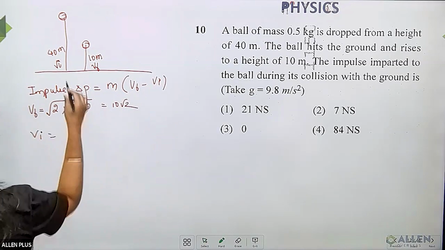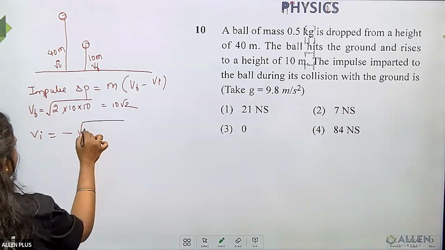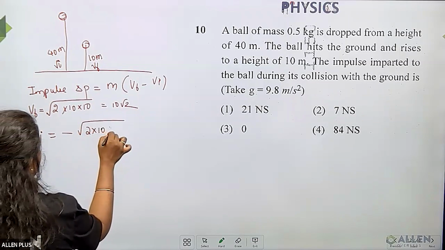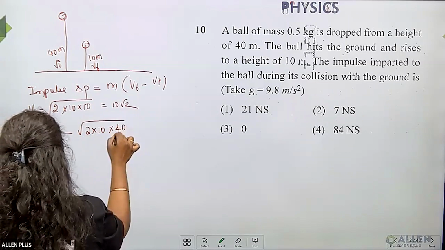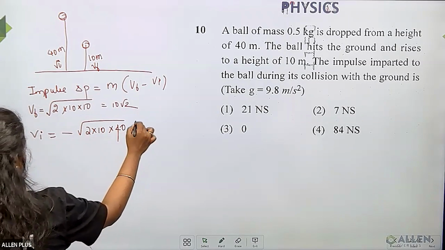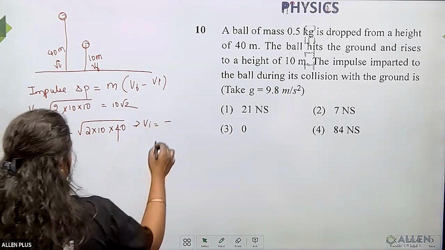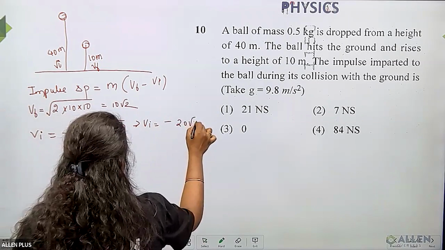Vi will be given by, since it is downward, minus root of 2 into 10 into 40, or I can say Vi is equal to minus 20 root 2.